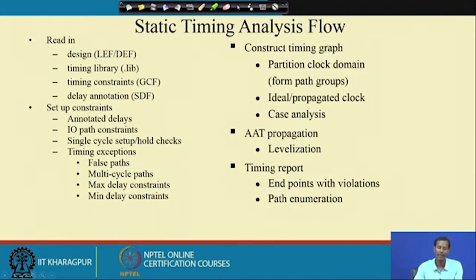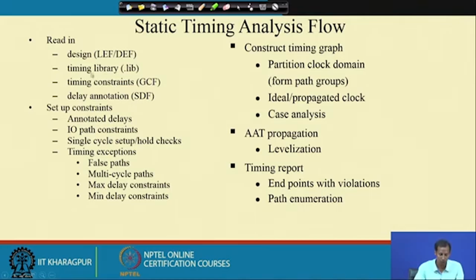In the static timing analysis flow, what we require basically is very important. Whenever we are doing static timing analysis, at that time we need to read in the design, then the timing library, then the timing constraints, then the delay annotation.